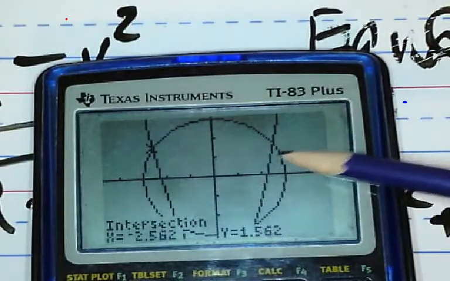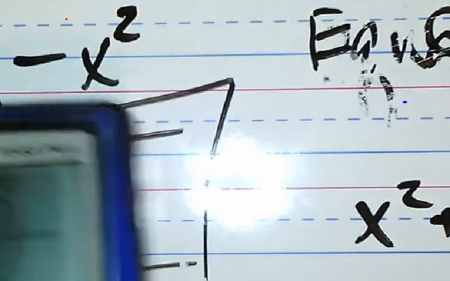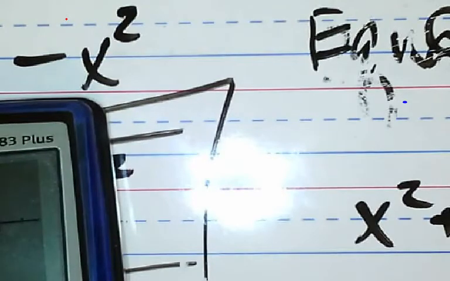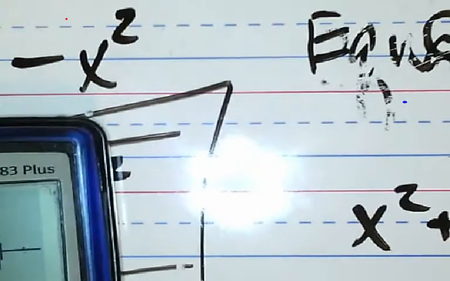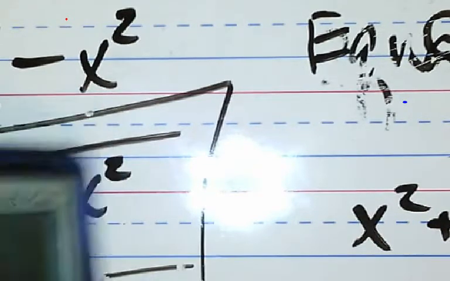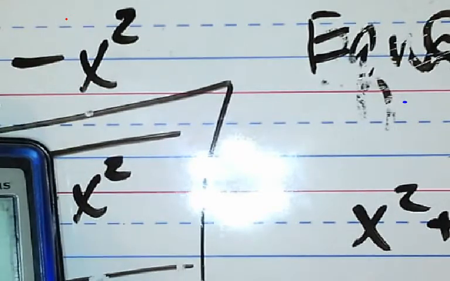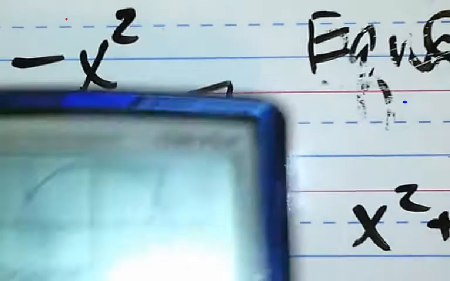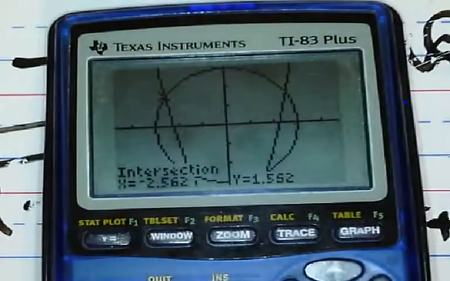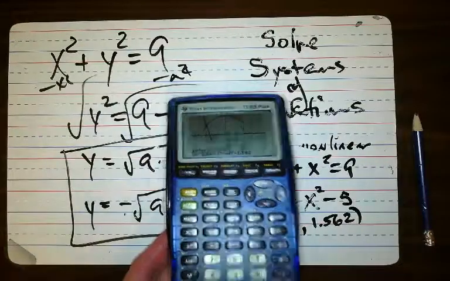It's just positive 2.562. So we're going to say plus or minus 2.562, because this point on the right hand side is the same place as the point on the left hand side.